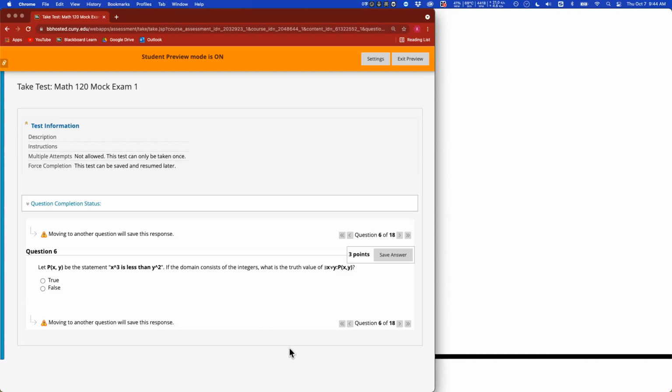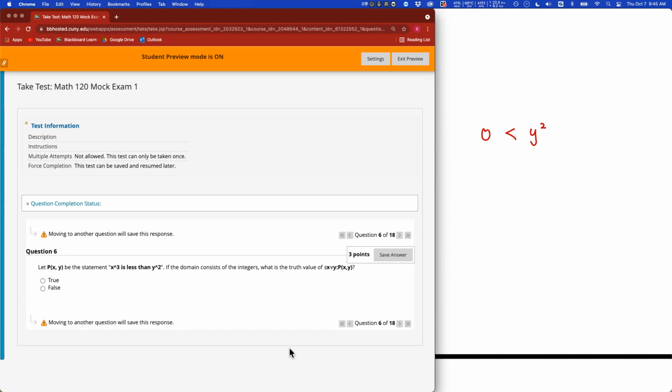Anyone? Okay, so I see people say when x is 0. Well, if x is 0, is 0 less than y squared for all integer y?